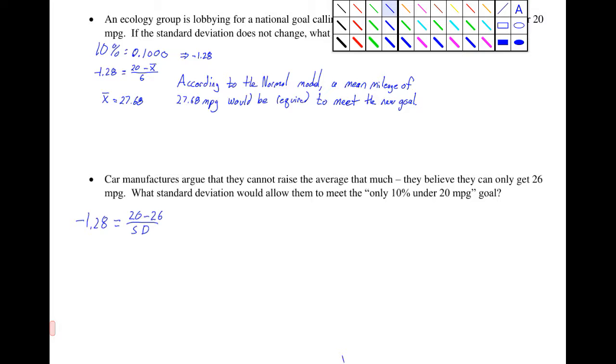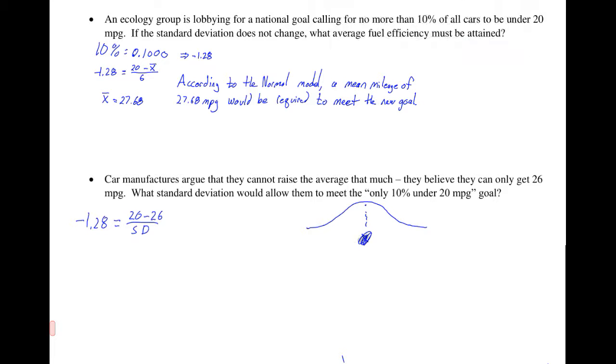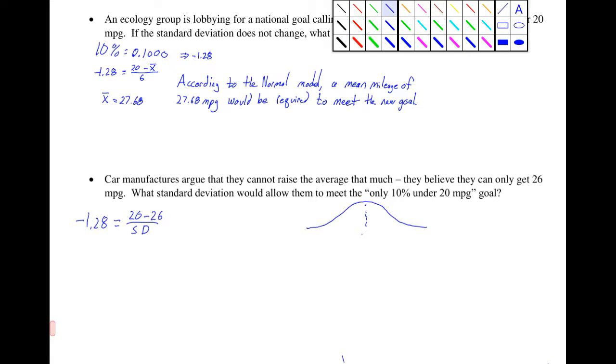And remember that negative 1.28 is 10%, so I should be sketching this out. We'll go back and sketch the previous example out. So x bar, I know, is 26, and 1.28 standard deviations, maybe right about there.